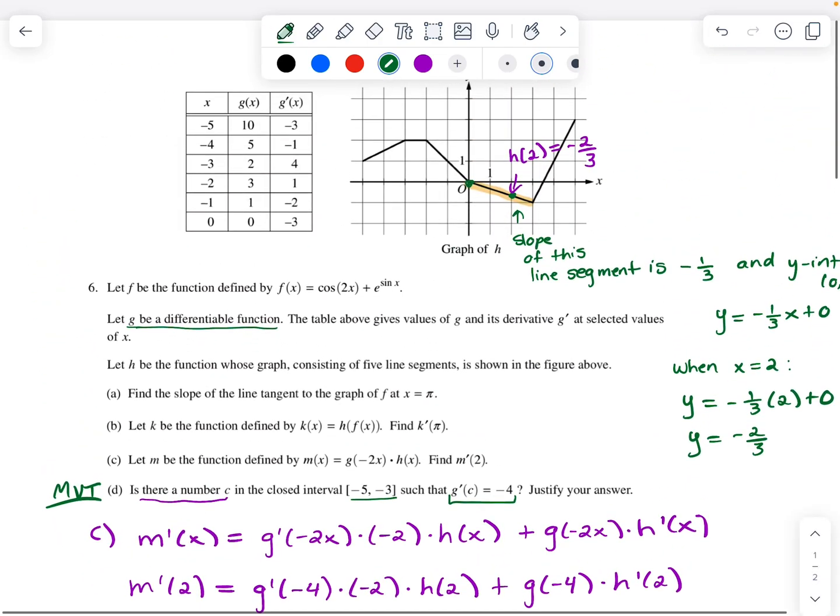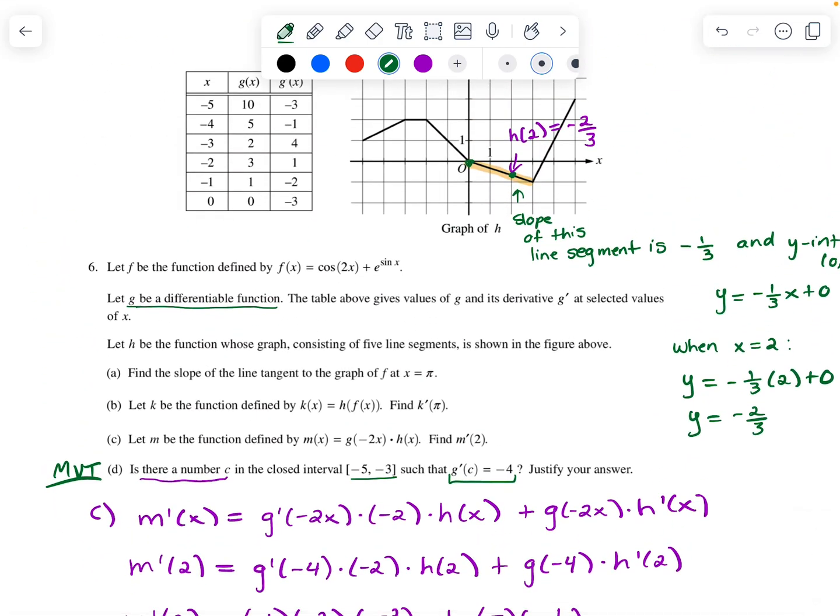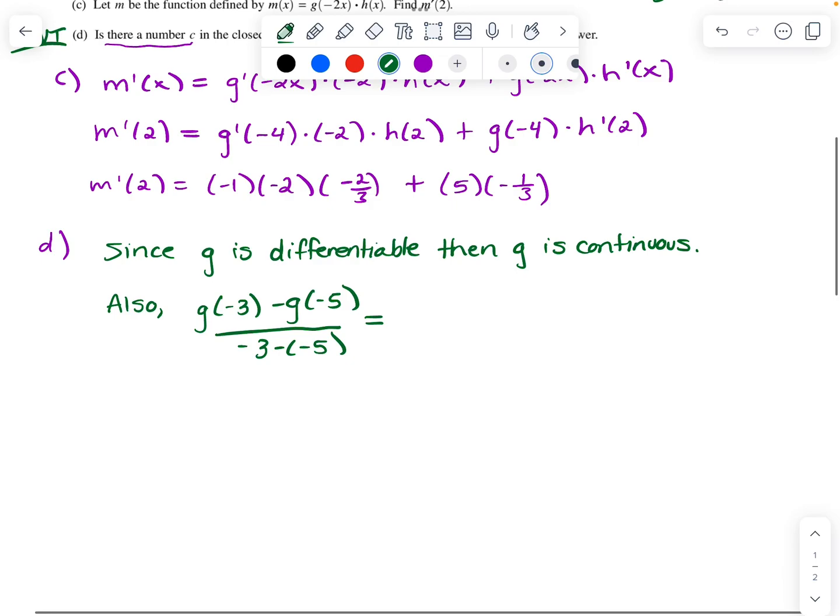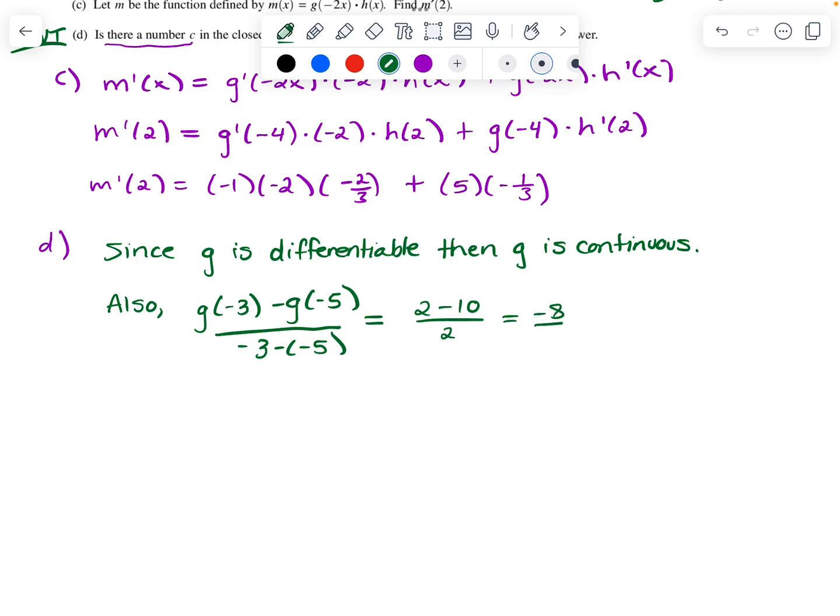I'm going to go back to my table of values. So I get 2 minus 10 over -3 minus -5, so the denominator should be 2. So I'm getting -8 over 2, which is in fact -4.